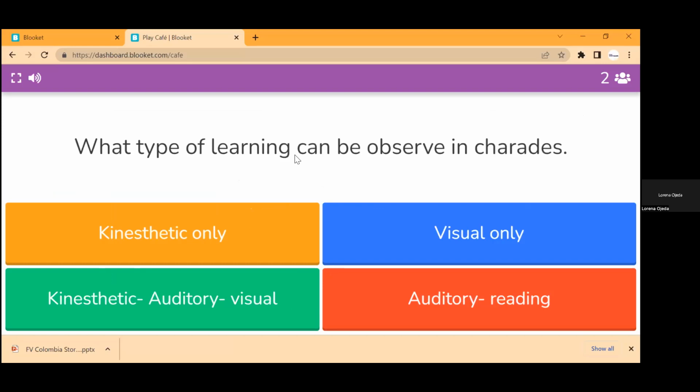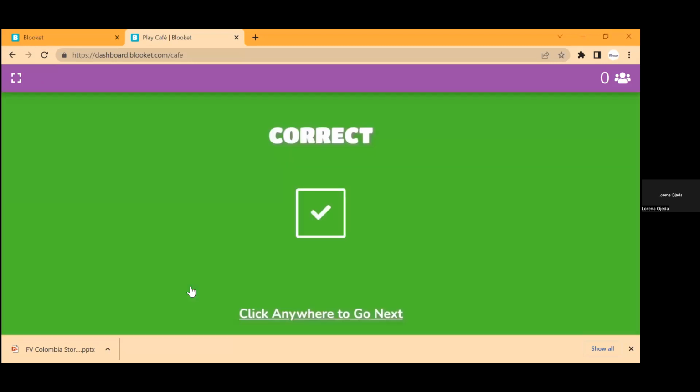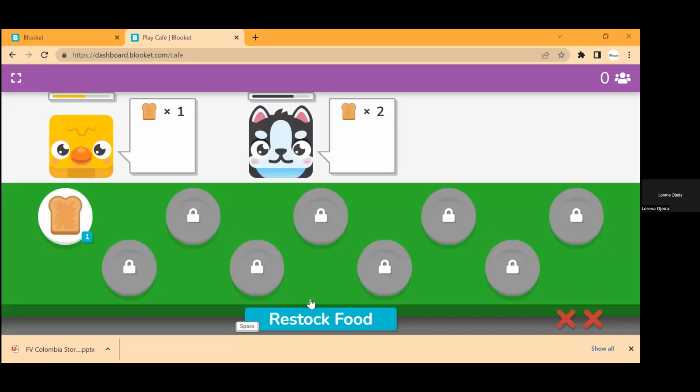What type of learning can be observed in charades? Kinesthetic only, visual only, kinesthetic, auditory, visual, auditory, reading. Any answers? Green, very good. Very good.